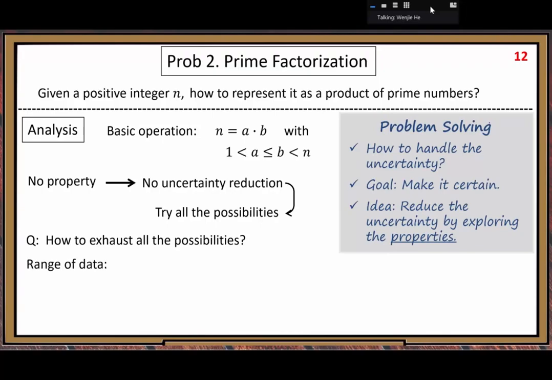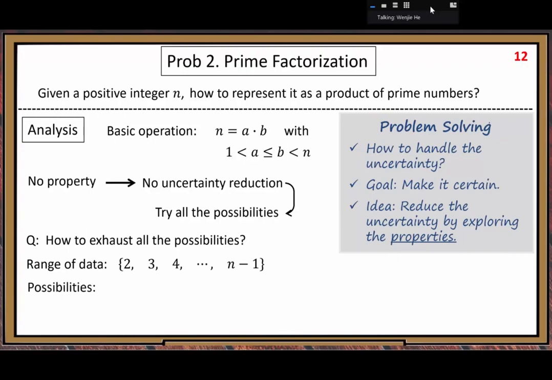We consider A and B chosen from this range. But we have two factors to choose, like a two-dimensional problem. It's not one factor, one dimension. With two factors, two dimensions, you need to do more work than in a one-dimensional problem.